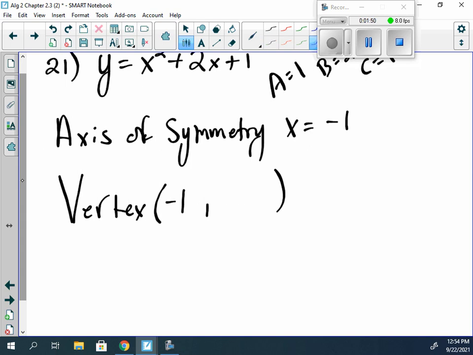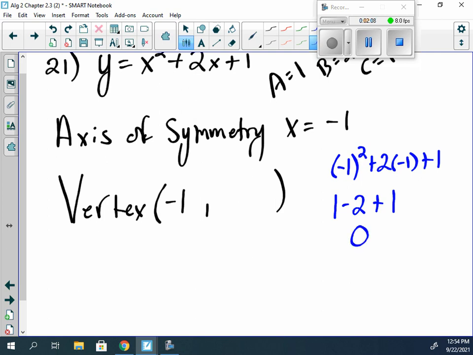To do that, we plug negative 1 into the function: negative 1 squared plus 2 times negative 1 plus 1. Negative 1 squared is 1, 2 times negative 1 is negative 2, plus 1. 1 minus 2 is negative 1, plus 1 is 0. And that would be it.